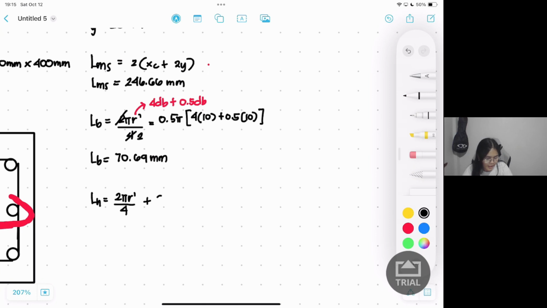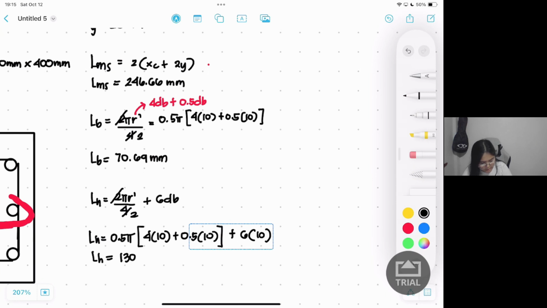Okay? And according sa provision, 6 dB yung extension natin. So magka-cancel to. Magiging 0.5 pi times yung 4 dB plus 0.5 dB plus 6 times 10. So, kapag kinompute nyo yan, makukuha nyo 130.69 mm.